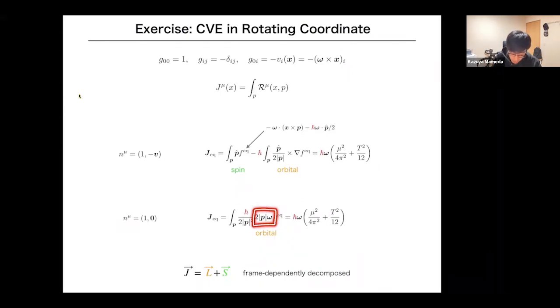So the Coriolis force corresponds to the rotating motion and the orbital motion of the particle. Namely, these two evaluations of the chiral vortical effect express that the total angular momentum J is decomposed differently, frame dependently.